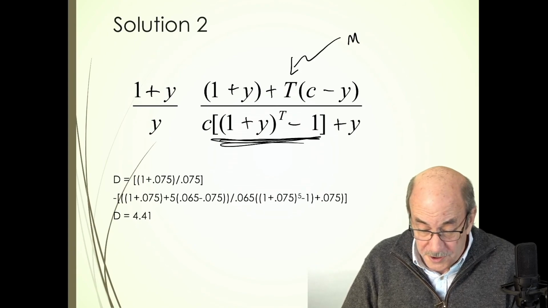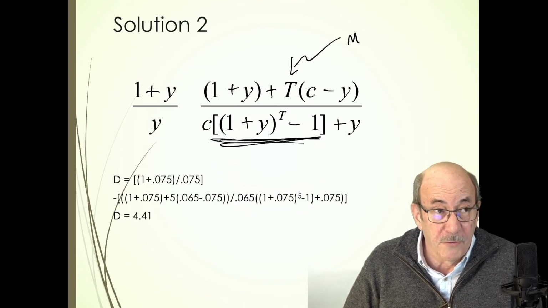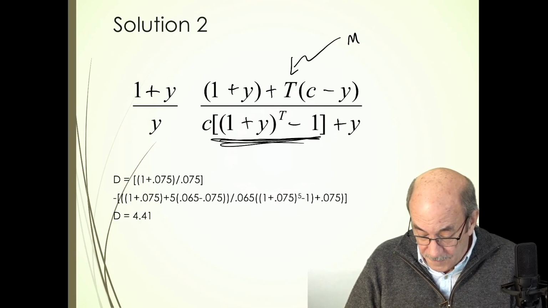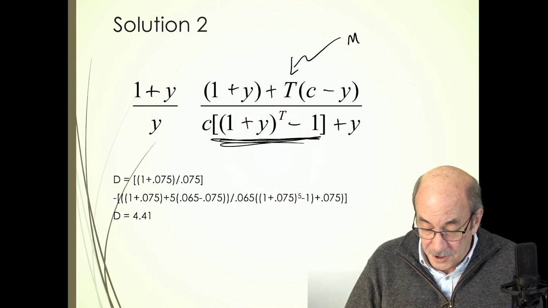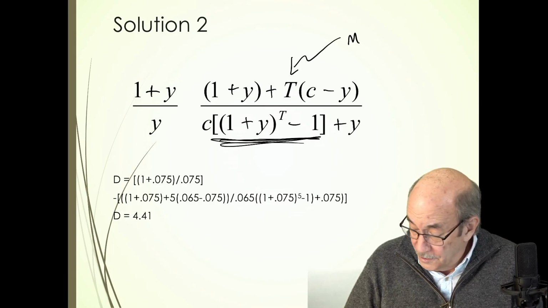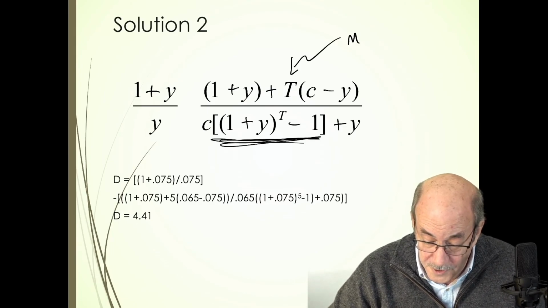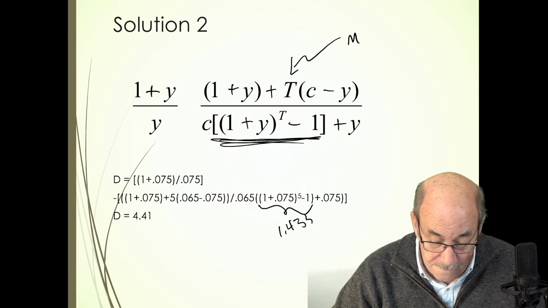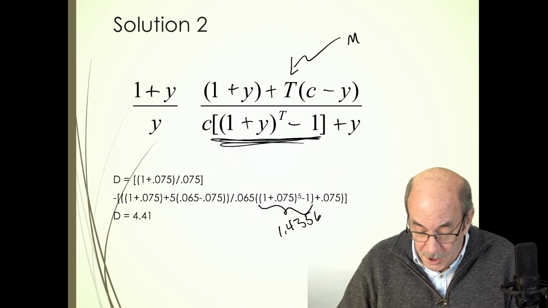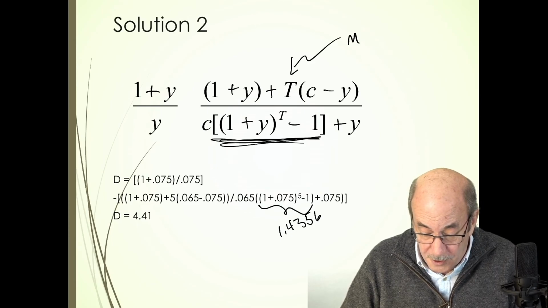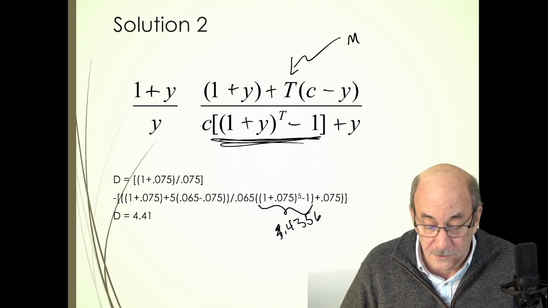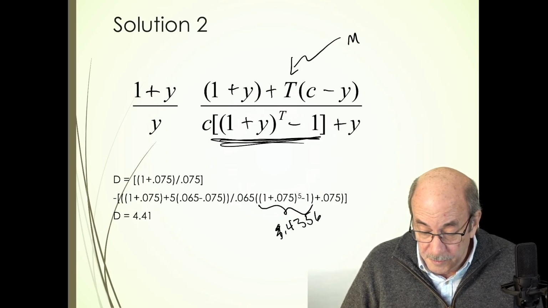So 1 plus our Y, which is our market required rate, so that's 7.5 or 0.075. 1.075 raised to the 5th power, because that's our time to maturity. I get 1.4356. Oh, and then I want to subtract 1 off of that. Sorry, my bad. So actually that's 0.4356 inside those parentheses.